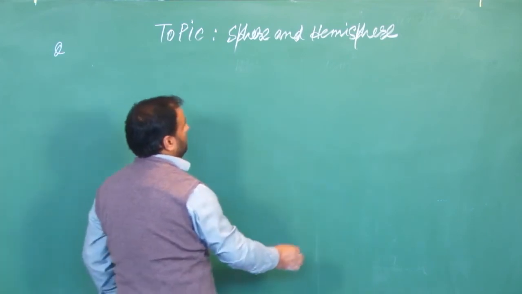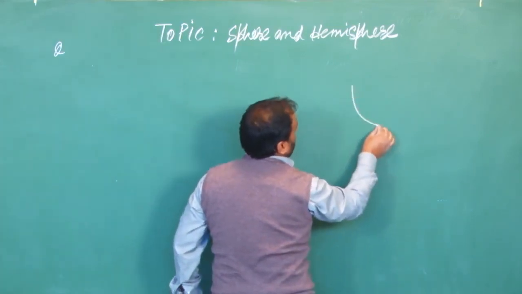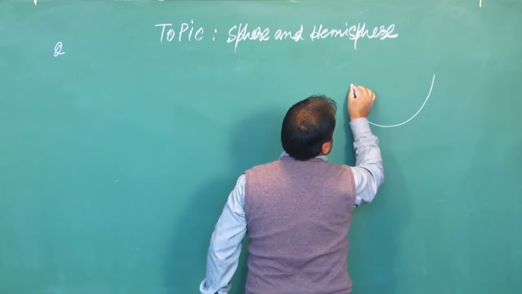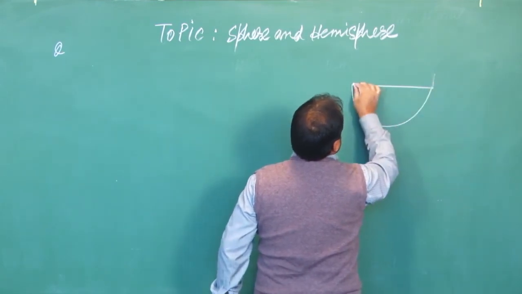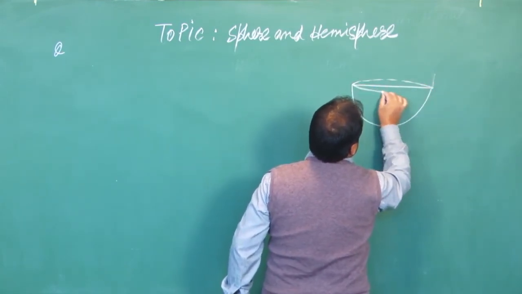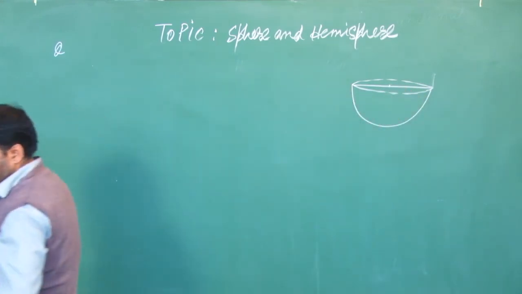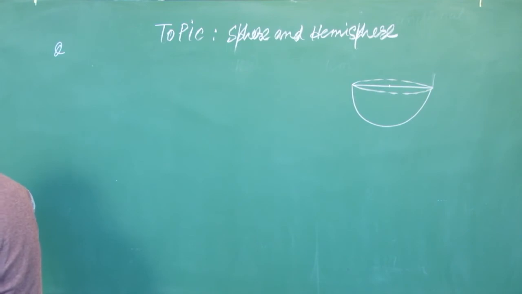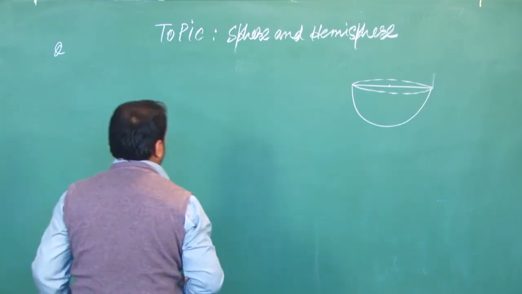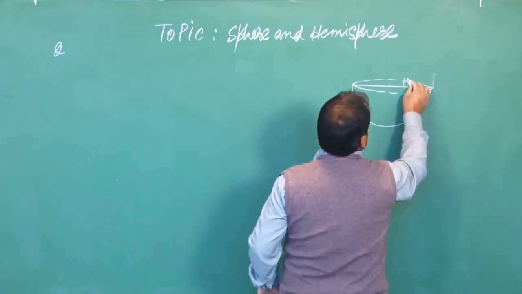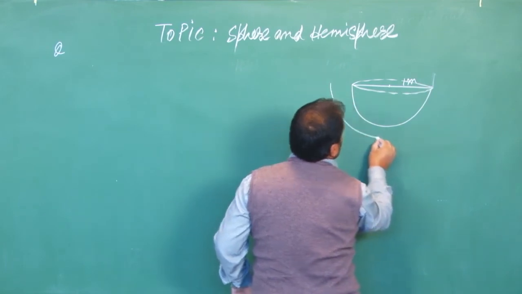Now we have a hemispherical tank. Suppose this is a hemispherical tank. The inner radius is 1 meter and its thickness is 1 centimeter.